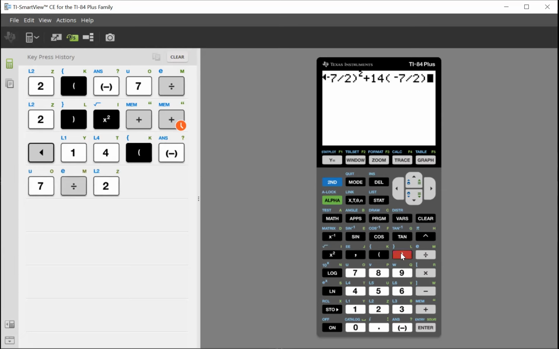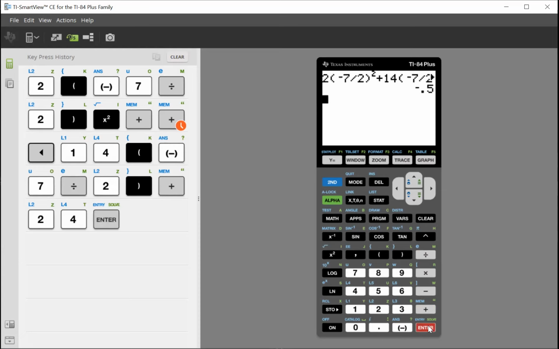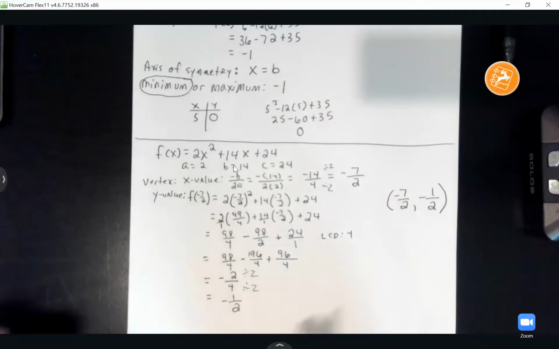Close those parentheses. And then I had a plus 24 at the end. So you can punch this in the calculator, hit enter. I get a negative 0.5. But if I want that to be a fraction, I'm going to hit math and enter twice. So now it's going to turn my answer into a fraction. And there's that negative 1/2. So fractions, calculator, don't mind doing those, okay?